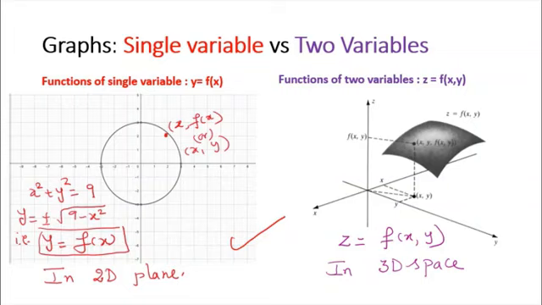Y is a function f(x), in two-dimensional space. Whereas if you take a function of three variables, as shown in the second diagram, z = f(x, y), z is a function of x and y. These two variables together with the variable z will give us curves or surfaces in three-dimensional space.